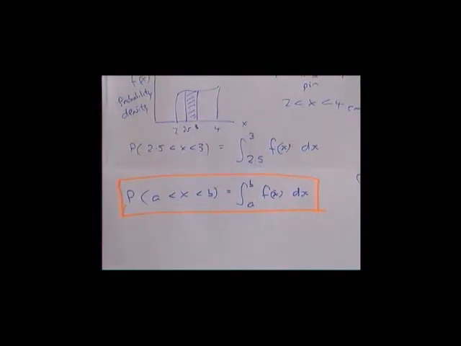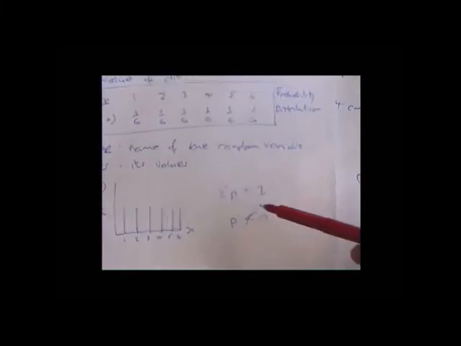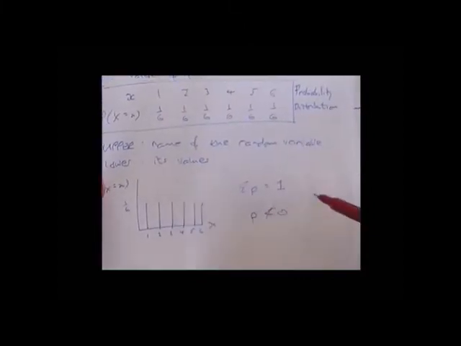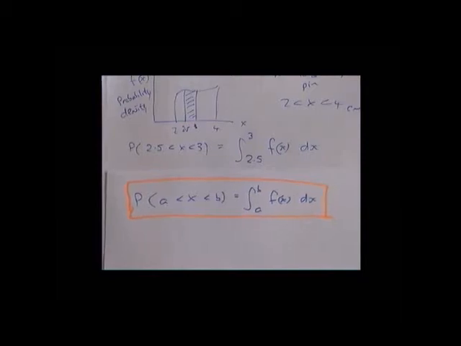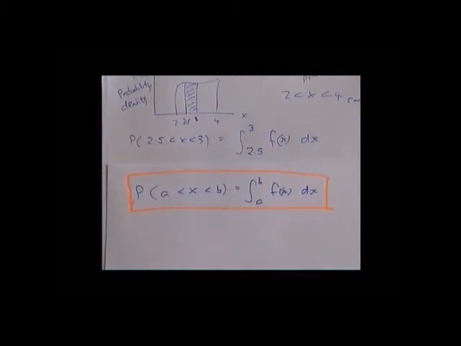Now, we said something else earlier on. Earlier on, we had this bit here. All these probabilities on the dice added up to 1. Can anybody come up with an equivalent statement for this continuous example?